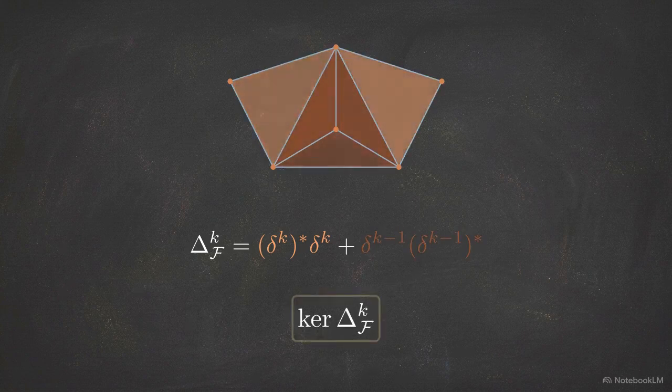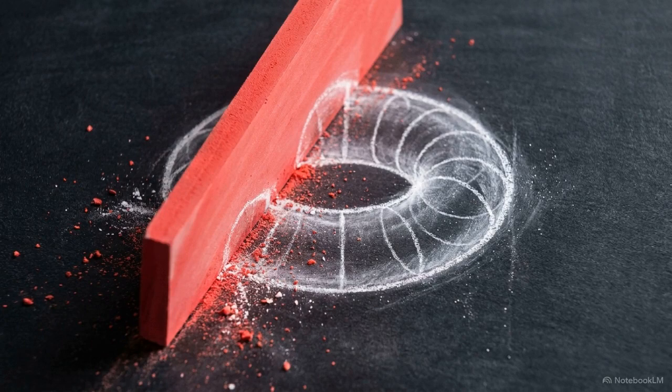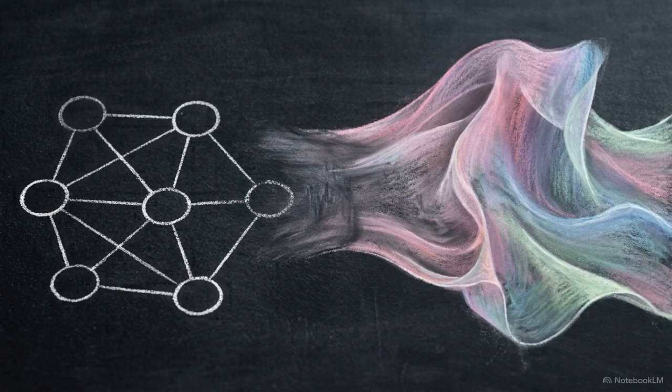States falling perfectly into the kernel of this higher-order operator are known as harmonic sheaf cochains. These harmonic spaces mathematically represent sheaf cohomology. They act as precise analytic detectors for topological obstructions that prevent global consistency. The Sheaf Laplacian provides a rigorous analytic bridge connecting discrete data structures to continuous topological geometry.